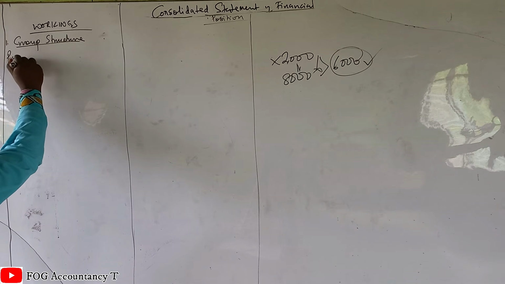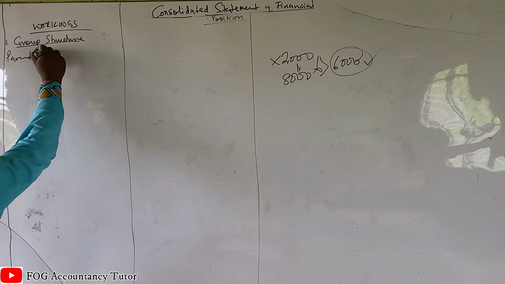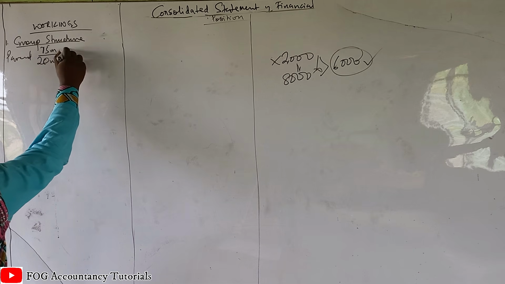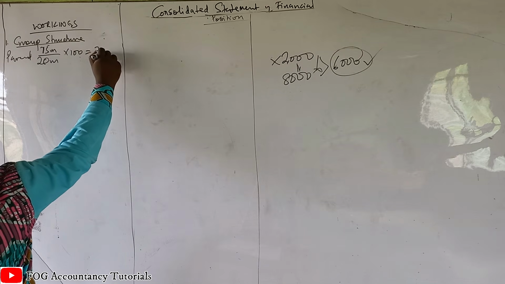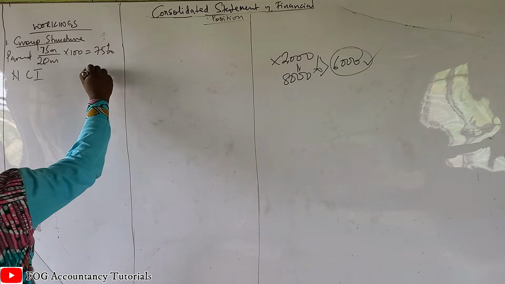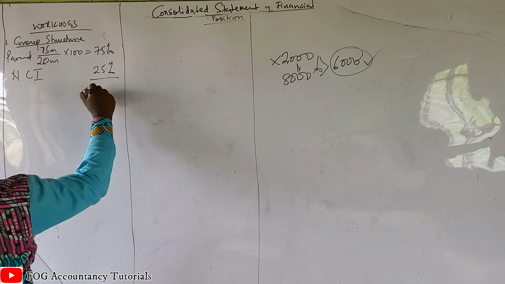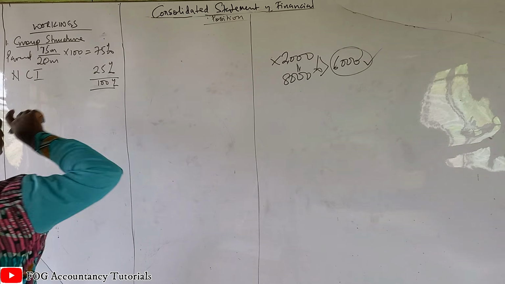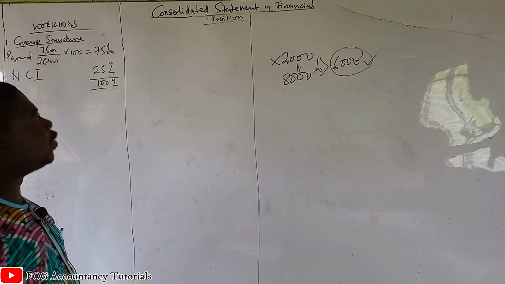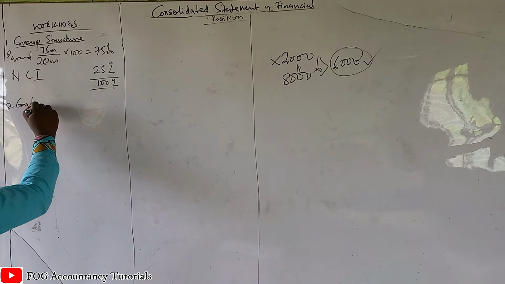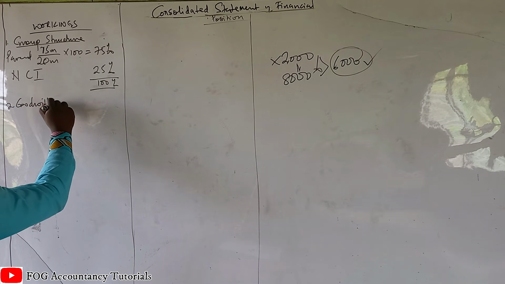The parent company acquired 15 million of 20 million shares, and that gives us 75% holding. So non-controlling interest, NCI, will hold 25%, giving us a total of 100%, which is always obvious. So the group structure will be done. The second one is the goodwill on acquisition. So you see that my big four will never fail you.